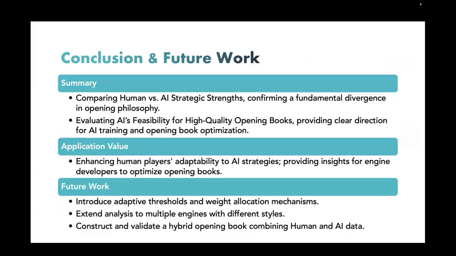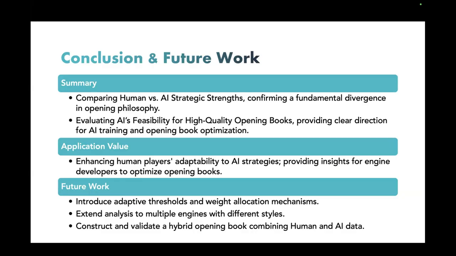To summarize all of our findings, we have two key conclusions. Comparing human versus AI strategy strengths, we successfully quantified the strengths and the weaknesses of both sides, confirming a fundamental divergence in their opening philosophy.